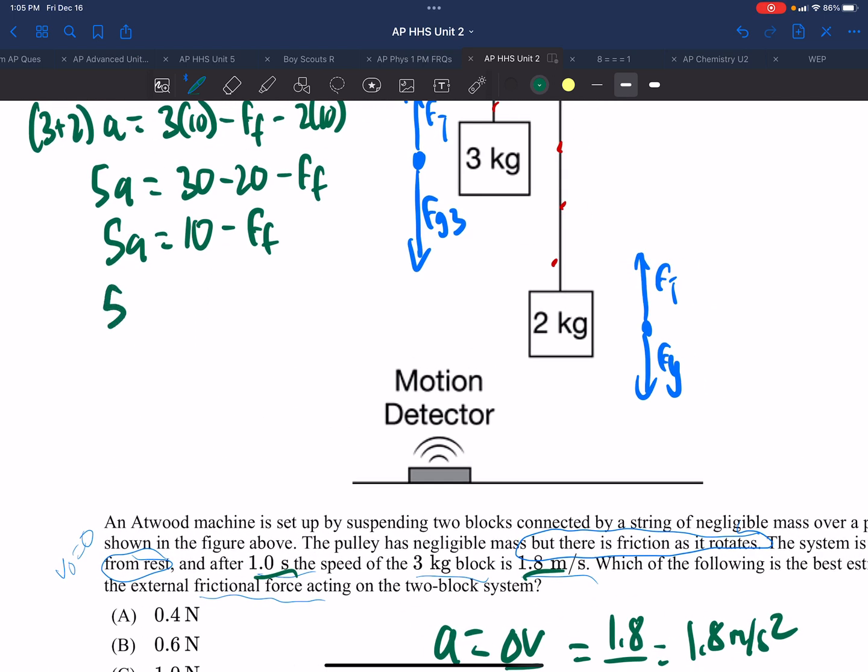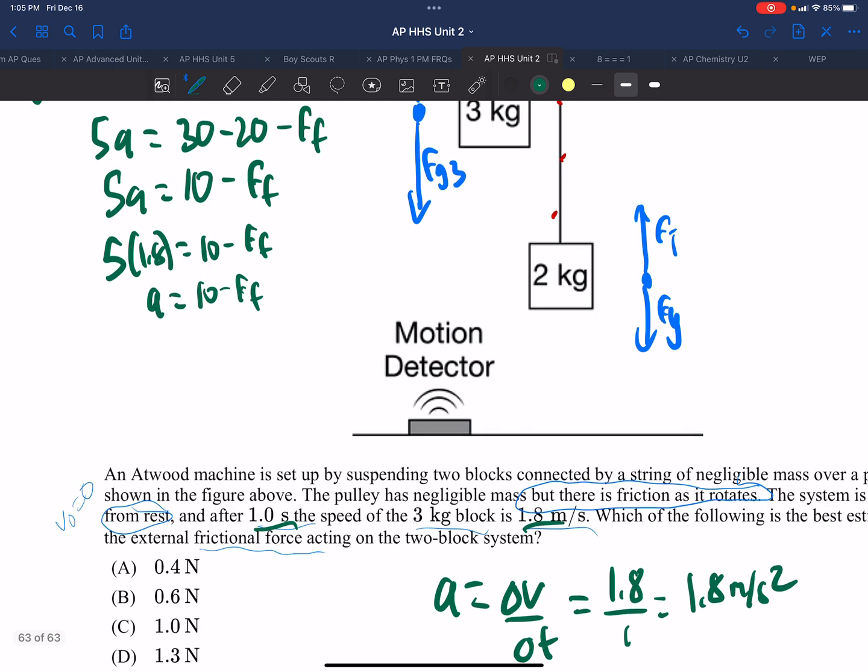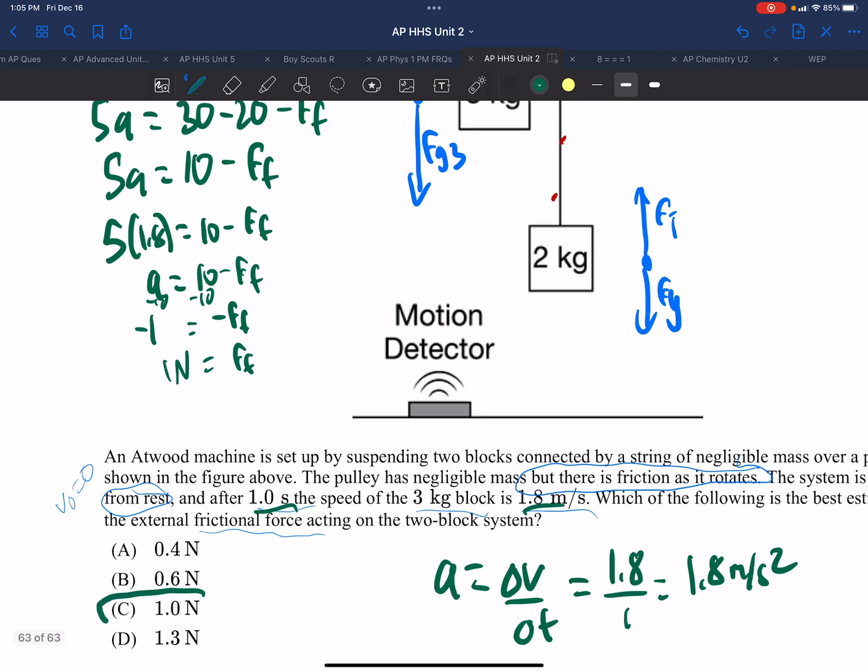So now we know 5 times 1.8 equals 10 minus the force of friction. 5 times 1.8 is 9. And so minus force of friction is minus 1, subtracting 10 from both sides. So the force of friction is 1 Newton in magnitude. And that is choice C.